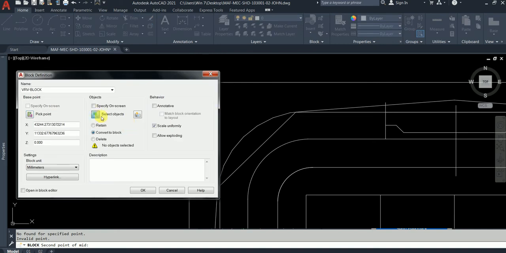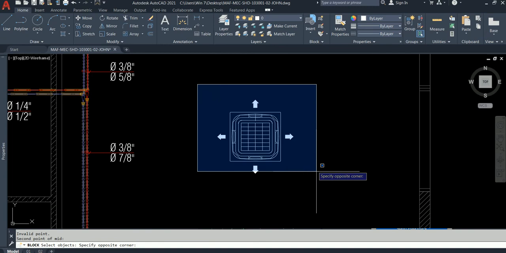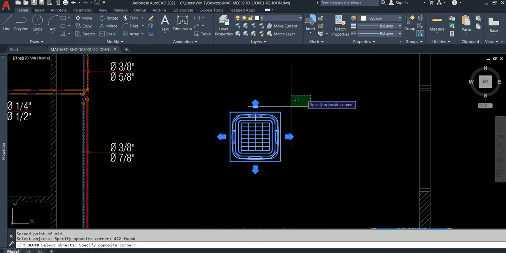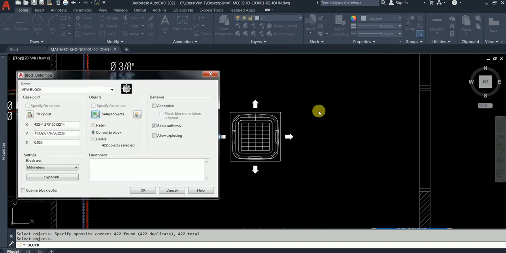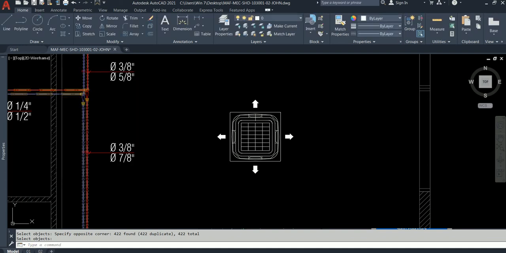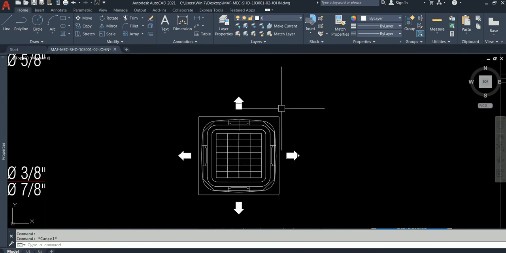Okay, select the object. Let's convert to block. Okay, no problem.